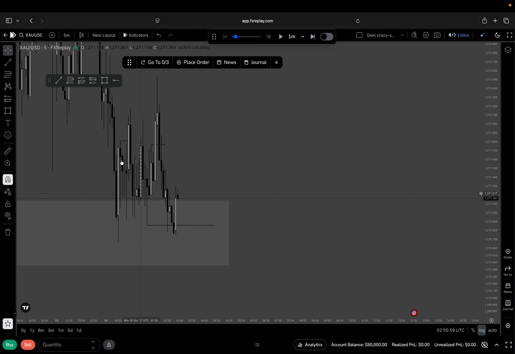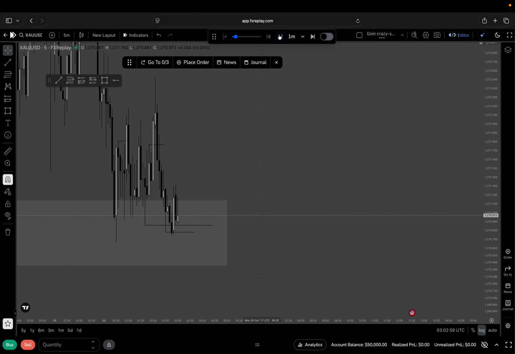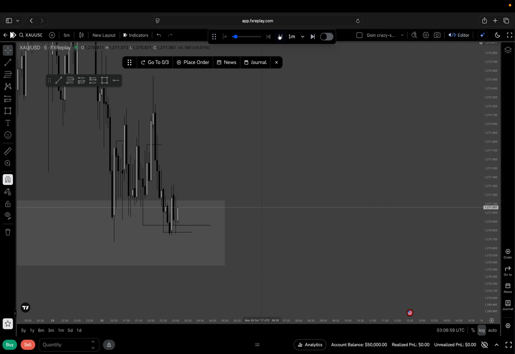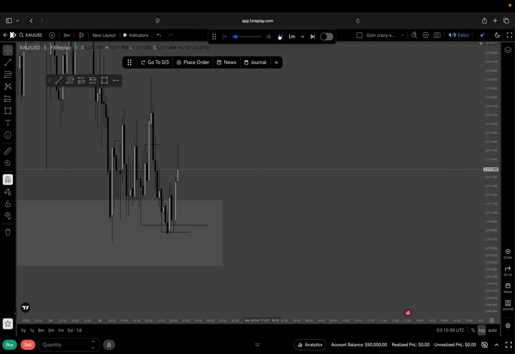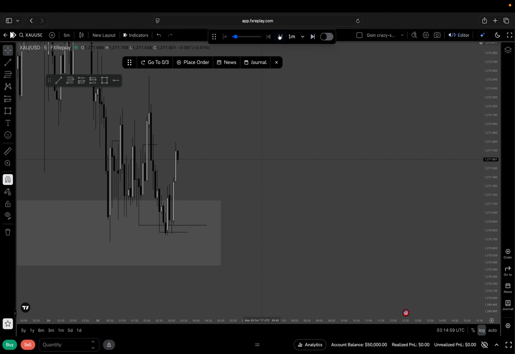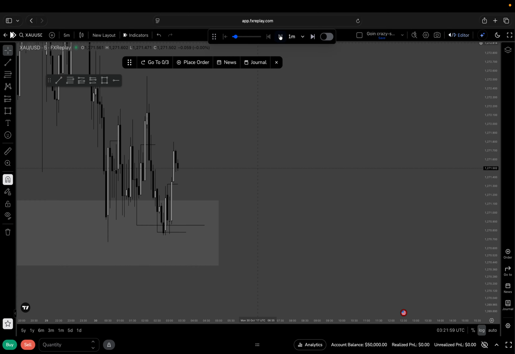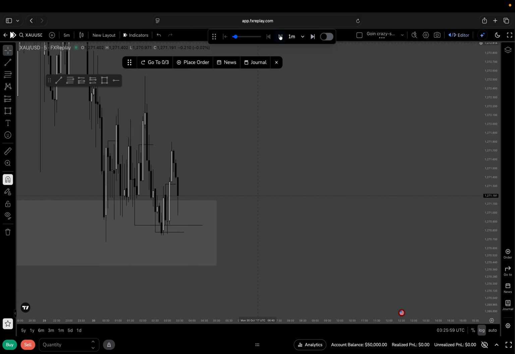Get a closure below these lows here. So we need a clean sweep. Good retracement.